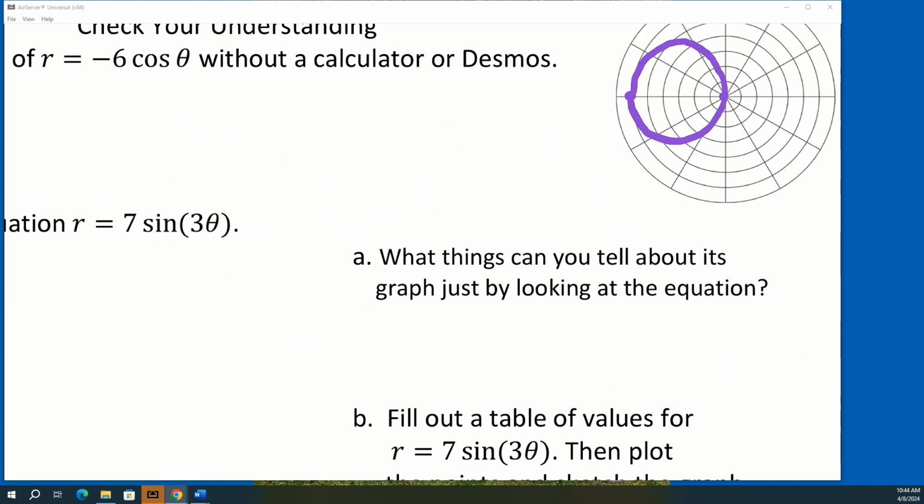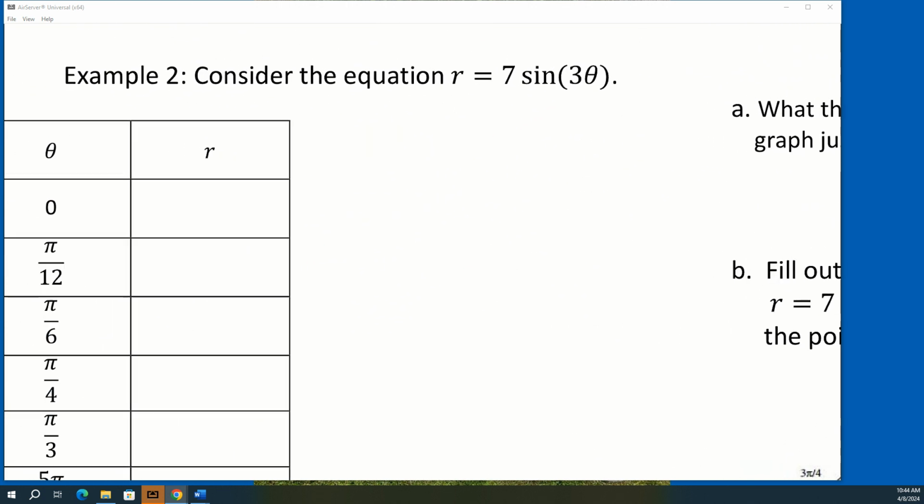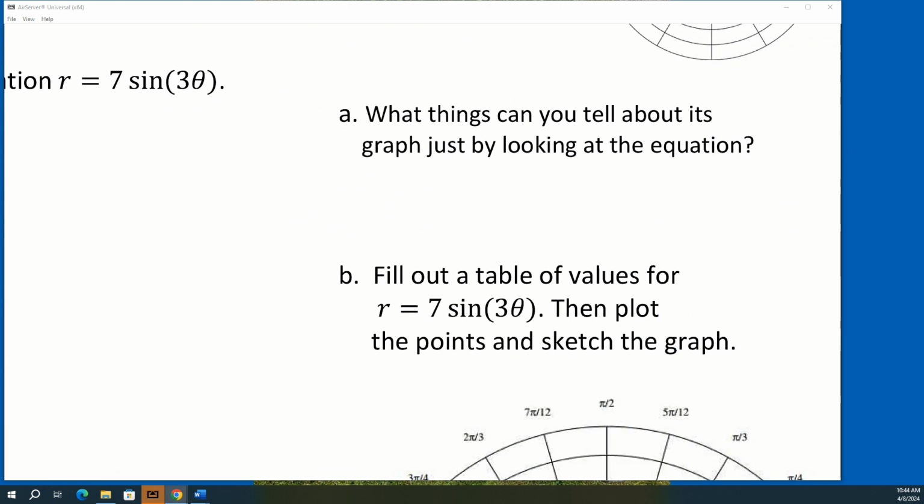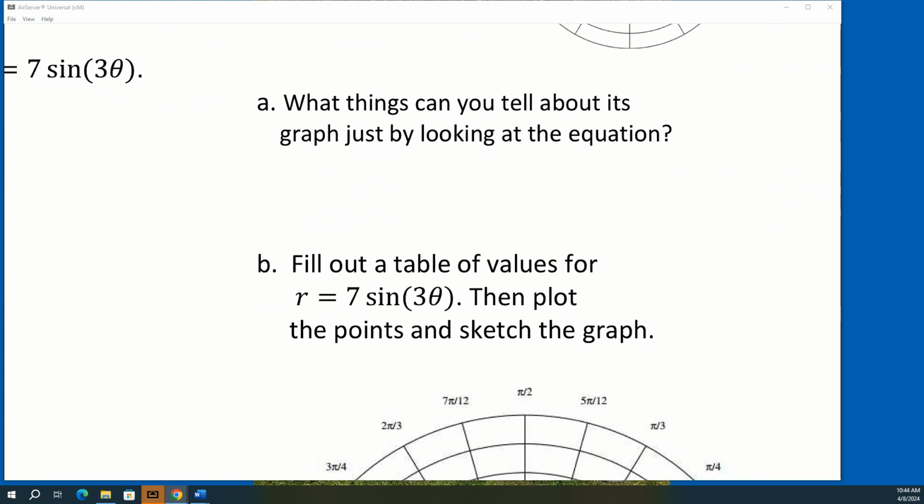Okay, the next one is going to be a rose because we have that 3 multiplied by the theta. So for A, we're just going to write down all the things that we can tell about the graph. How many petals is this graph going to have? 3 petals. How long are they going to be? 3 petals of length 7.